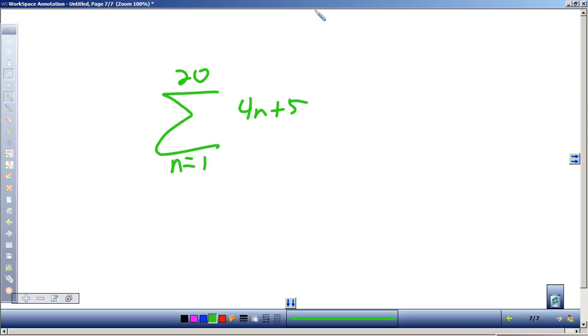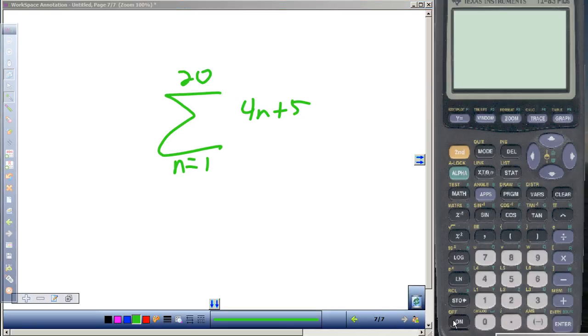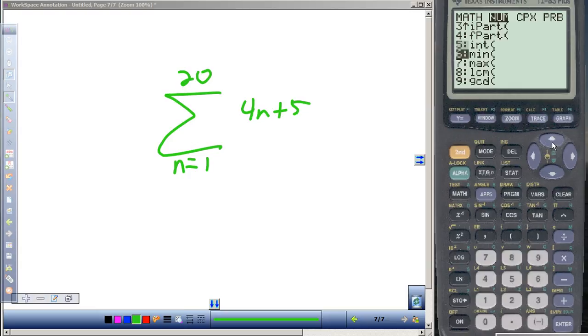Now, depending on the calculator you have, it uses different notation. If you have a TI-84, it actually does the summation thing for you, much easier. So for the sum, you go to math, and it's, I believe, towards the bottom here, under numeric. Summation?